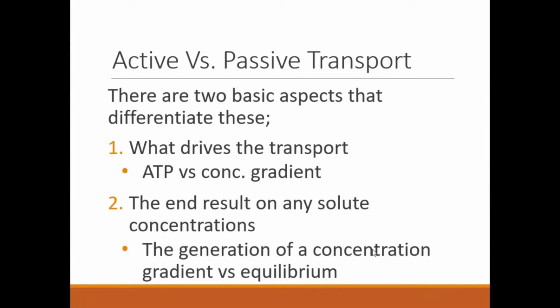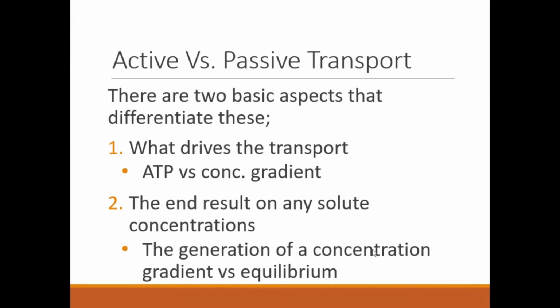So when it comes to active transport, it relies on energy in the form of ATP. Passive transport, however, will rely on energy as well, but this time in the form of a concentration gradient. As long as we've got ATP present, we can get active transport. As long as we've got a concentration gradient present for a particular solute, then we can get passive transport of that solute.